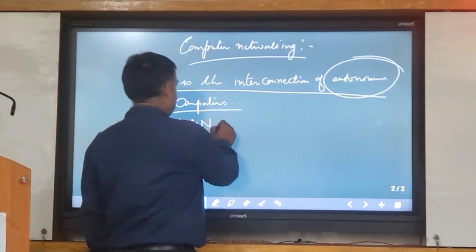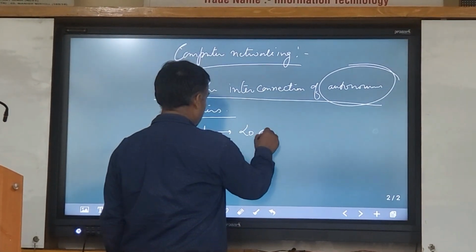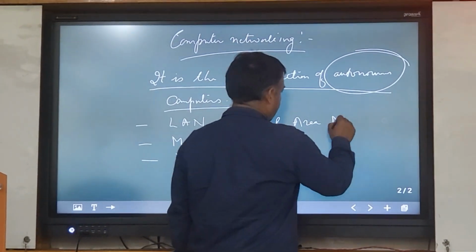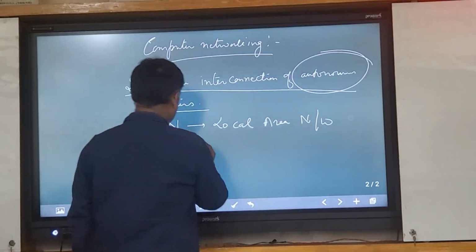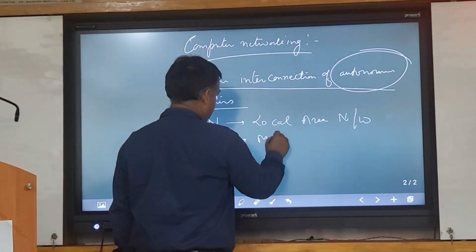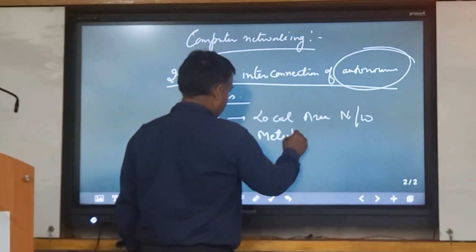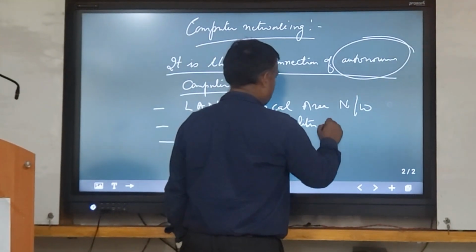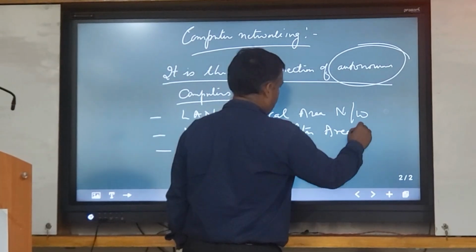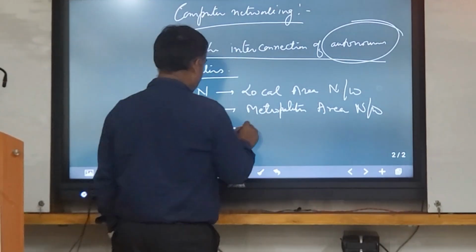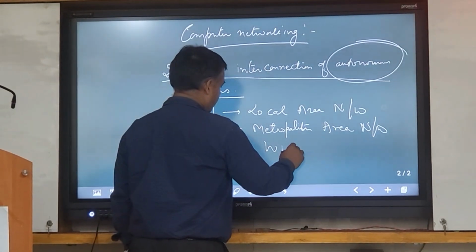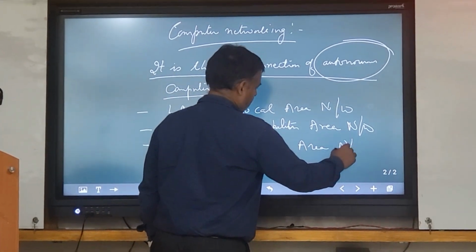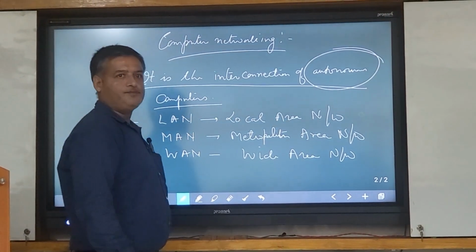LAN means local area network, MAN means metropolitan area network, and similarly WAN means wide area network.